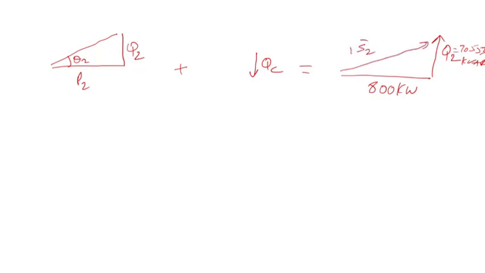This is S2. So this is theta 2, which is 41.41 degrees. So I want to reduce that Q to some desired Q. That means this is the amount the capacitor will provide.